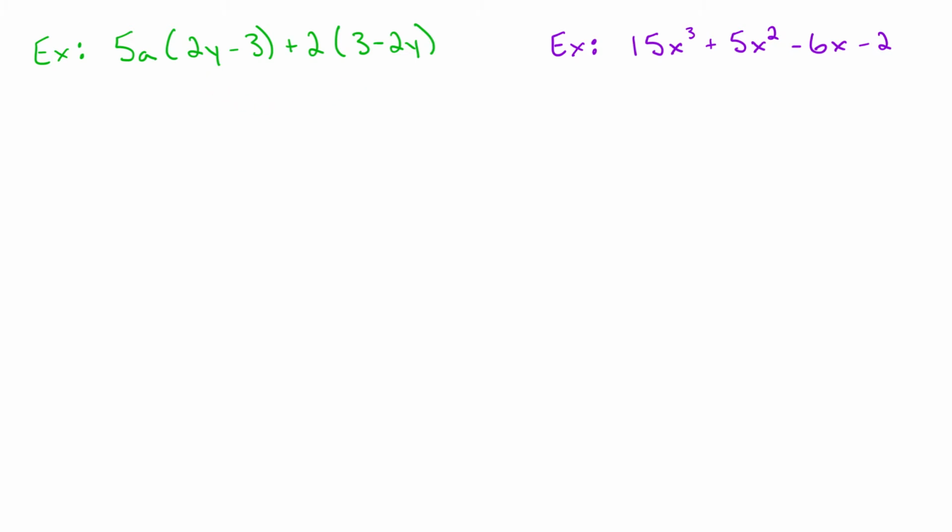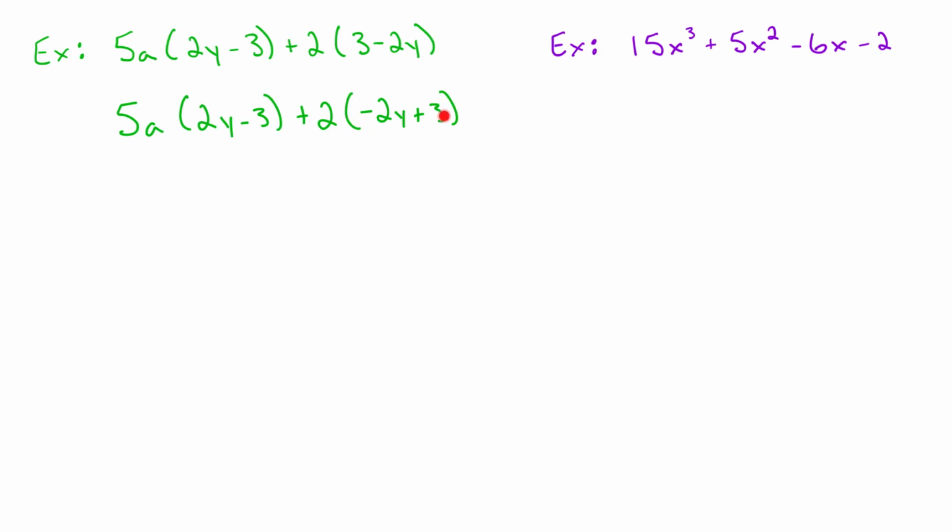But let me rewrite it and maybe you'll see how we can get around this. If I rewrite the second portion as negative 2y plus 3, maybe you'll recognize that the parts in the parentheses are different, but only in a minor way that we could actually adjust. This is a positive 2y and a negative 3. This is a negative 2y and a positive 3.